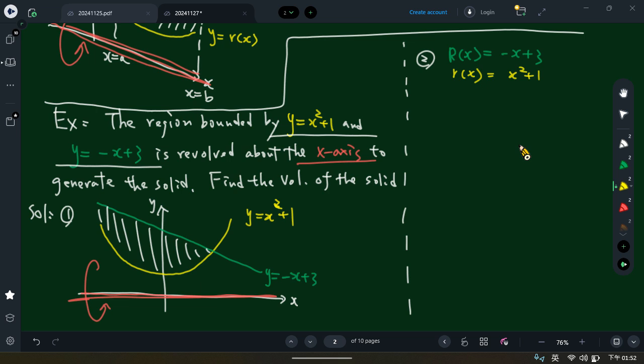Then the third part, where are the two ends? One end is here, right? The other end should be here.